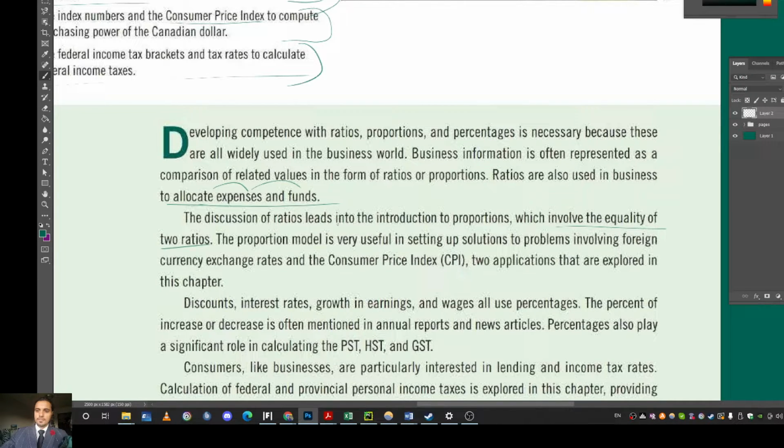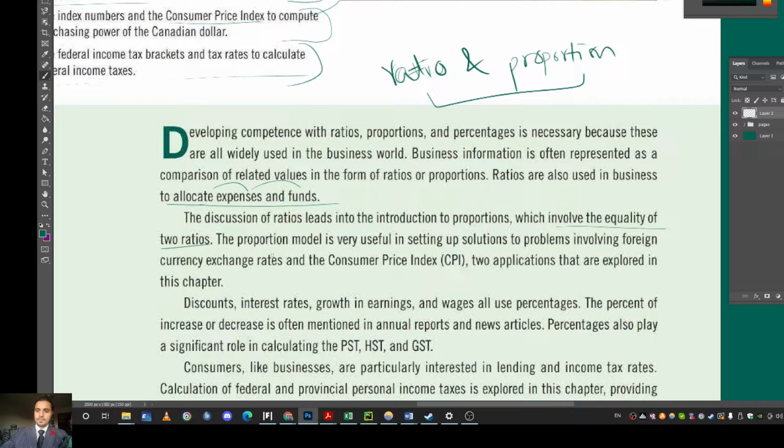So ratio and proportion are related concepts. They're related to each other. And what is proportion?